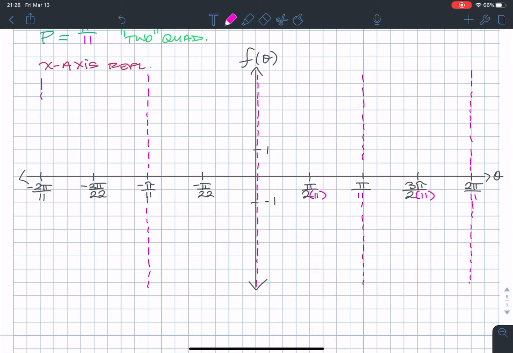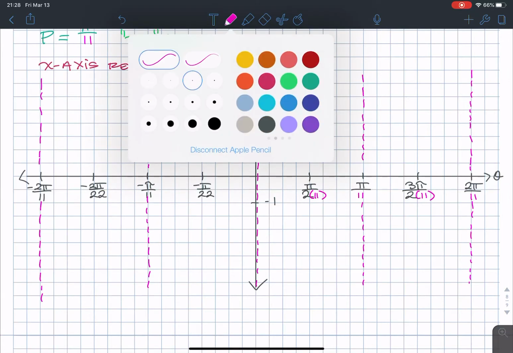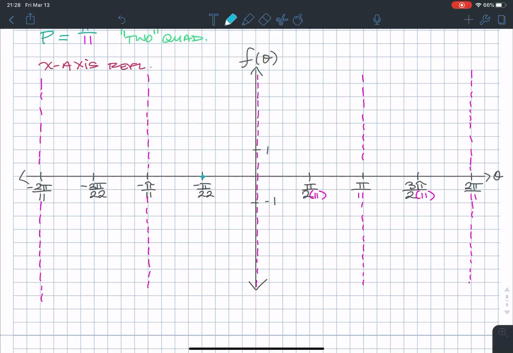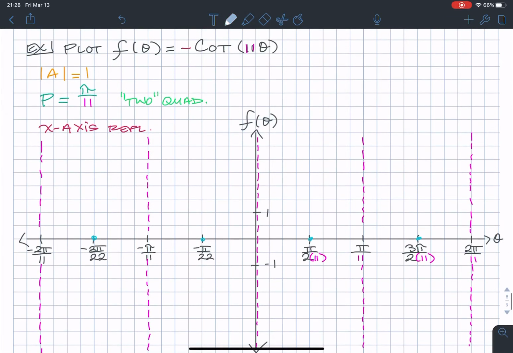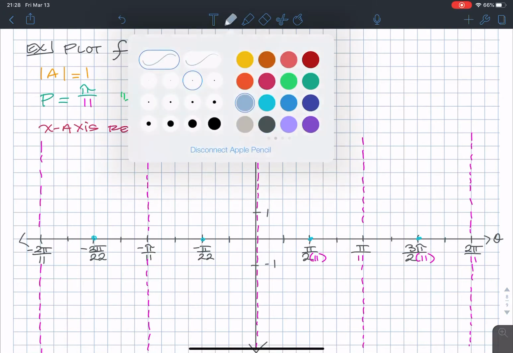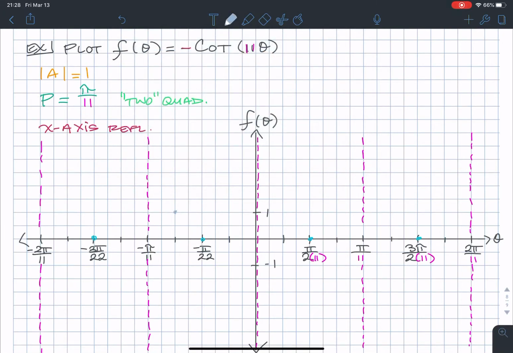Oops, that doesn't look very nice. Okay, I know that cotangent will be 0 at the midpoint. I know that if I were to plot normal cotangent, it would go downhill in reading direction. So let me put the tick marks for the 45-degree reference angles in each quadrant. So normally, cotangent goes downhill.